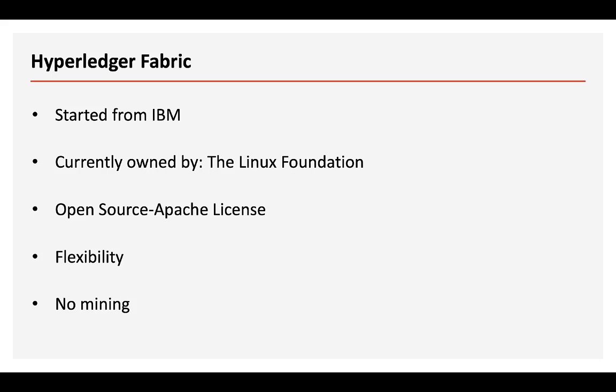It uses the ordering service, which allows you to choose based on your need, whether you want a single node or solo ordering, or a crash fault tolerant ordering, like Raft type of ordering, or a Byzantine fault tolerant model ordering. The ordering process is where a consensus is needed, and that's what Hyperledger does.